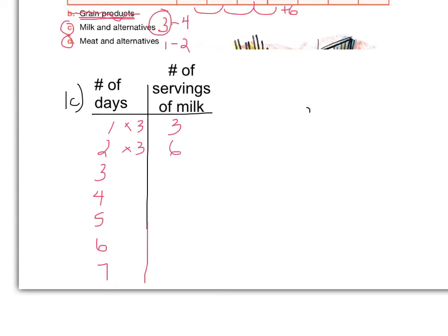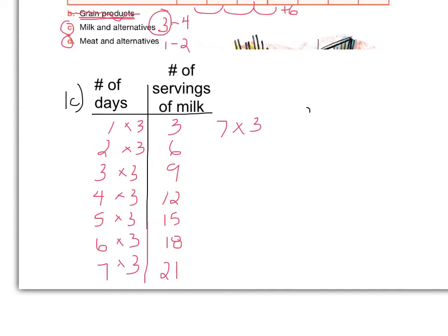2 times 3 is 6, 3 times 3 is 9, 4 times 3 is 12, 5 times 3 is 15, 6 times 3 is 18, and 7 times 3 is 21. I could really just have gone 7 times 3.